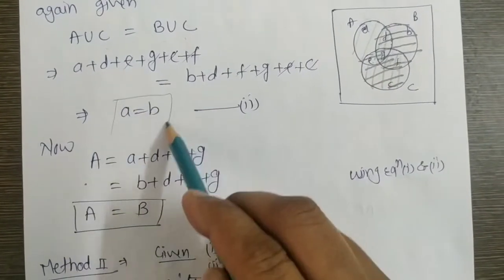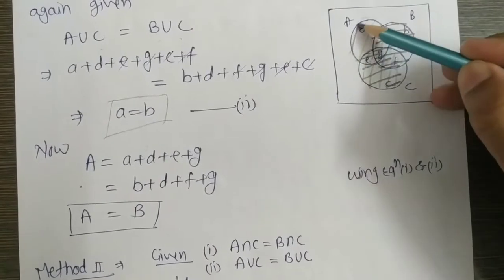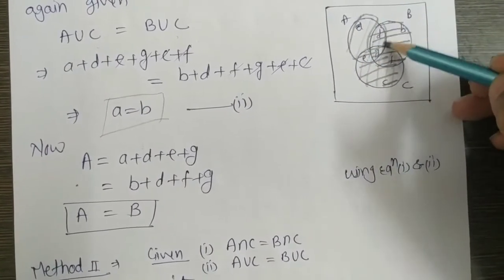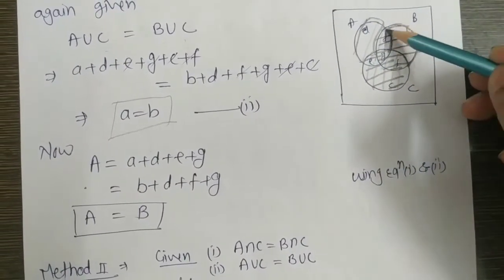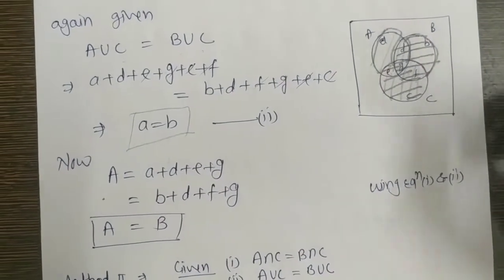We get A equals B. It means this A part will be equal to B part. We have solved both the given conditions.